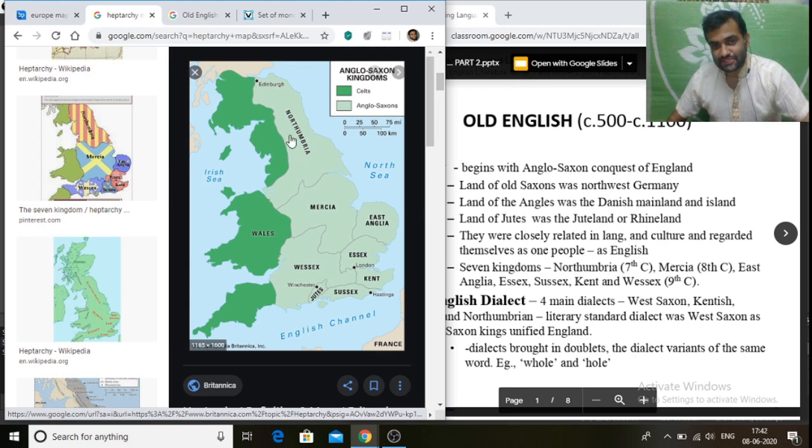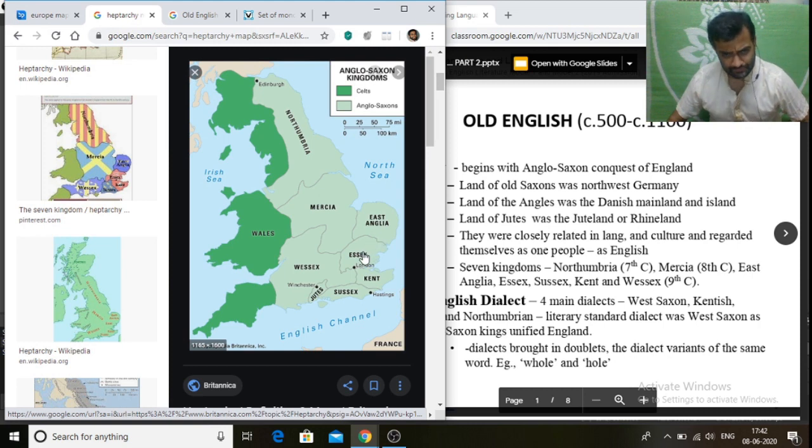And the 7 kingdoms are: the northern part is Northumbria, the middle part is Mercia, and the eastern part was called East Anglia. Basically, these 3 regions were occupied by Angles: Northumbria, Mercia, and East Anglia.